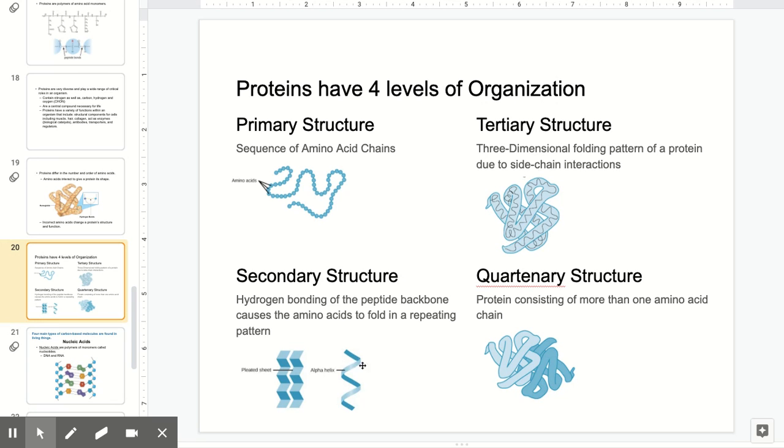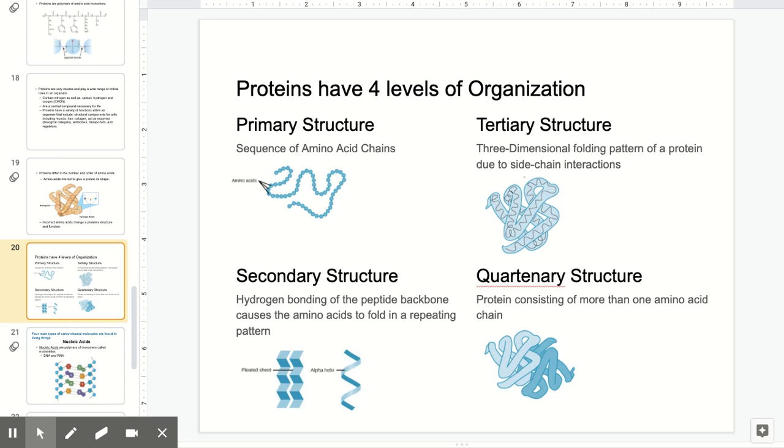They can form twists, like spirals, or little sheets, like wavy little sheets. The tertiary structure is when the folding pattern actually folds on itself through these little interactions, almost like little attractions.